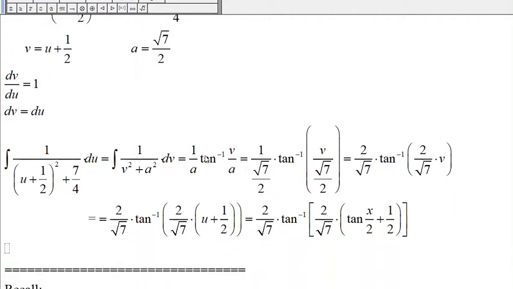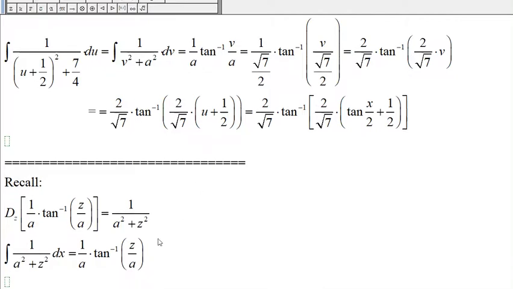To go from here to here, we use this formula: the antiderivative of 1 over a squared plus z squared is 1 over a tangent inverse of z over a. Here instead of z we have v, and so that's why we get v.